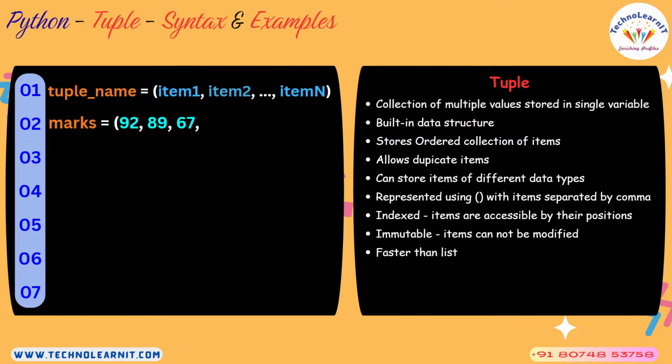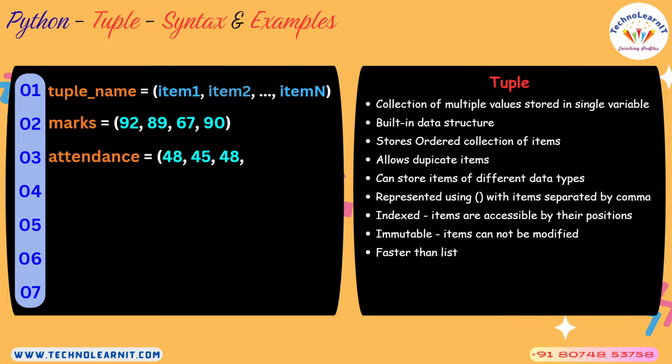An example: marks is the name of the tuple here. 92, 89, 67, and 90 are the items or elements of this tuple, and you can clearly see that these items are separated by comma and enclosed within braces. So marks becomes a tuple now.